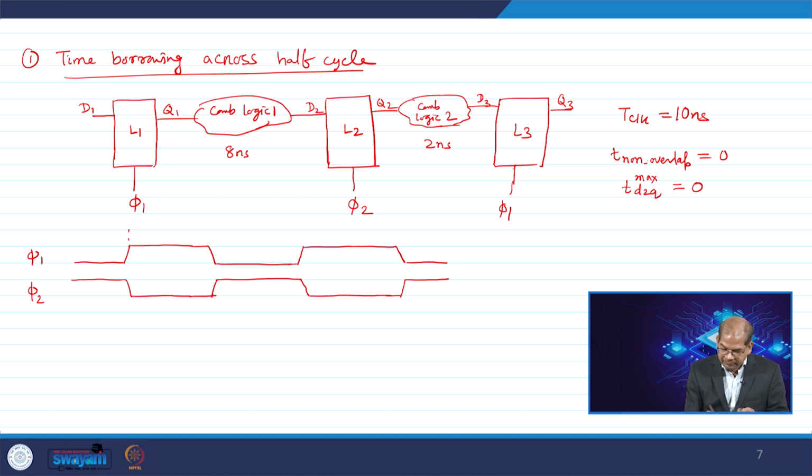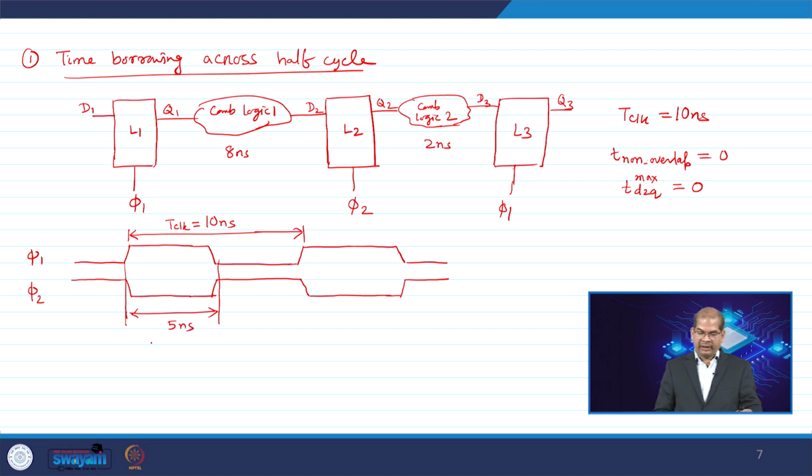Since this time period, this T clock, is 10 nanosecond, the half period from here till this point is 5 nanosecond. So my D2 will be available at this point.